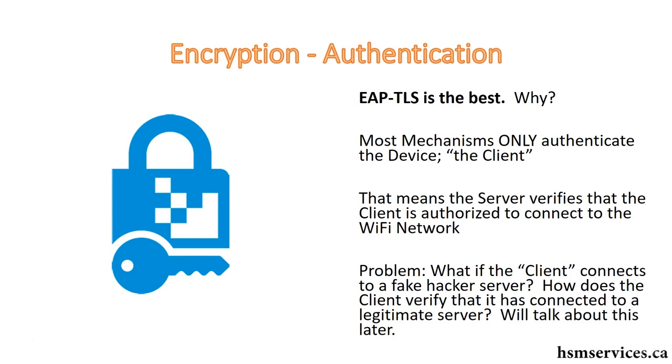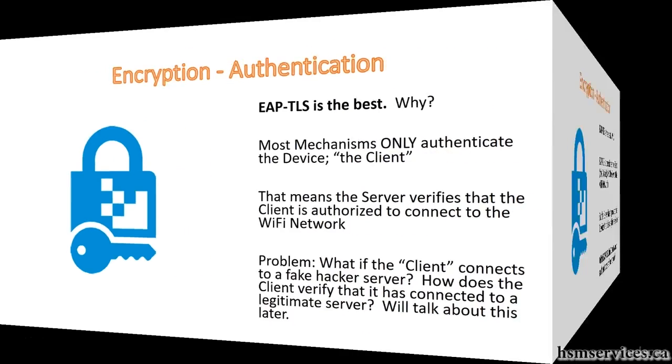So the device proves to the network that it's a legitimate device and it's authorized to connect, and the network proves to the device that it's a legitimate network. So there's a two-way authentication. Both parties understand each other, and we avoid this thing that we call a honeypot, which we're going to talk about later.